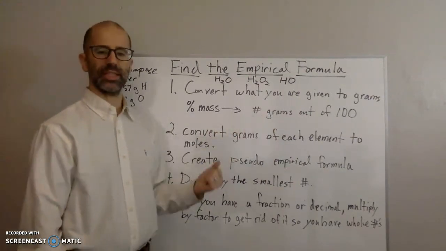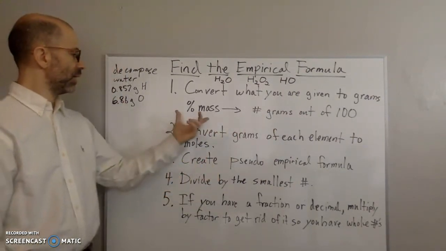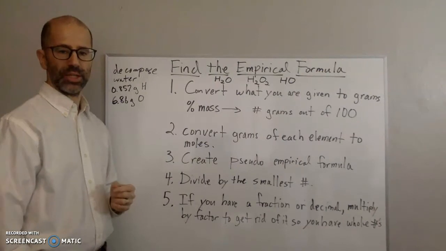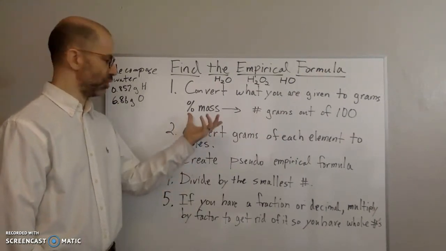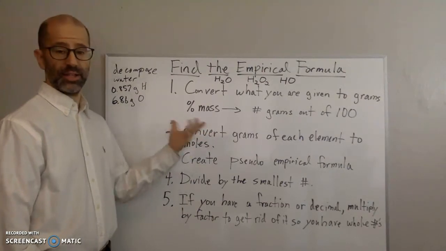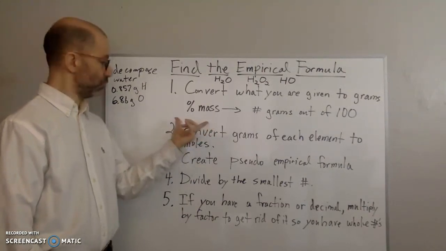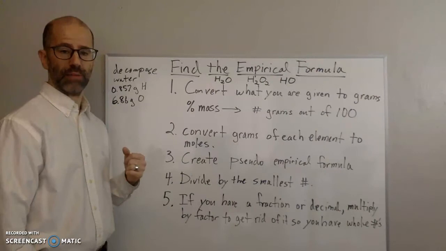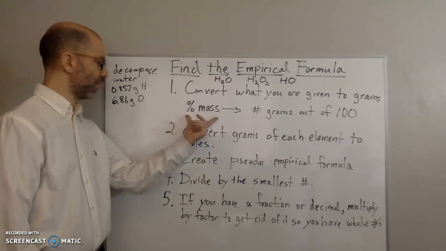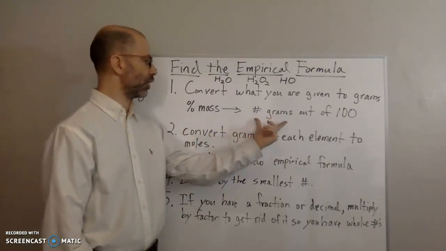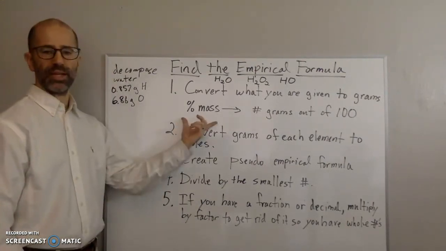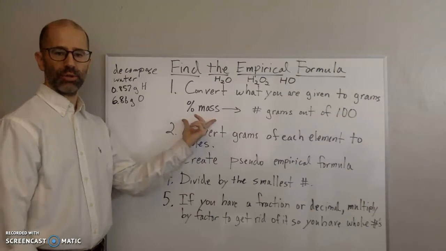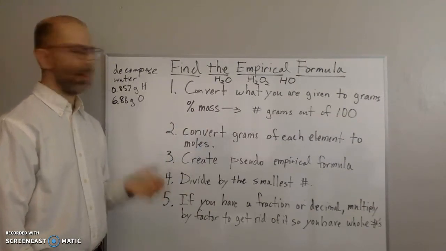Same thing with the other percentages. The percentages of the elements they give you should add up to 100%, so you assume everything out of 100 grams. If they already give you grams, then you already have grams, so there's nothing to do in the first step.